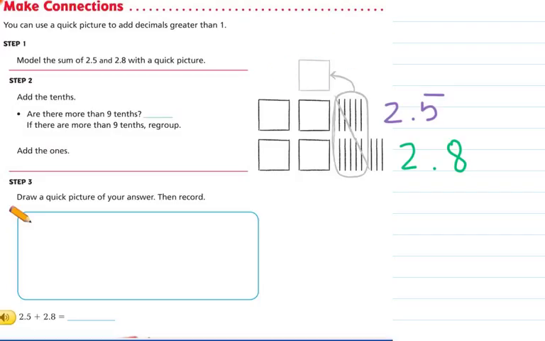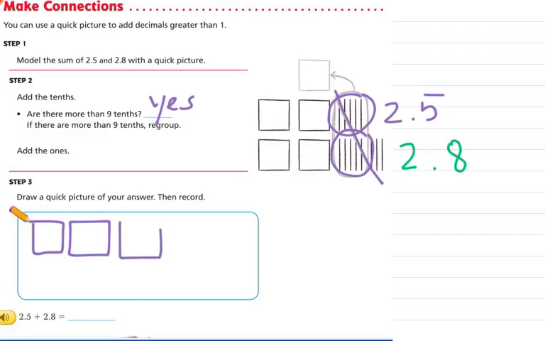So now we're going to add the ones, boys and girls. 1 whole, 2 wholes, 3 wholes, 4 wholes, 5 wholes. So boys and girls, when we added, we saw that there were more than 9/10, so we had to regroup. So let's draw a picture of what we have now. We have 1, 2, 3, 4, 5 ones.